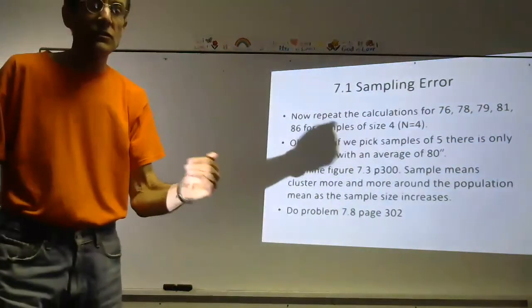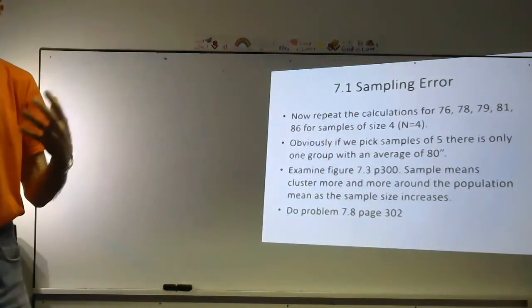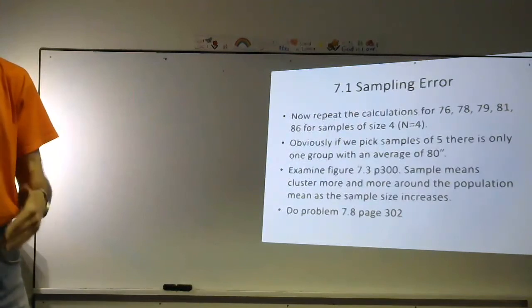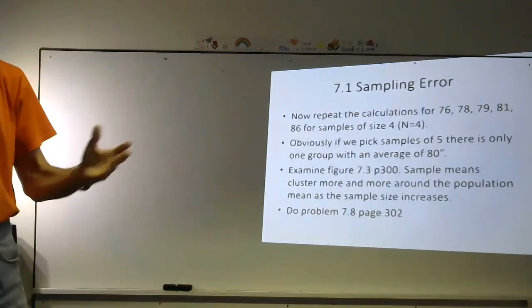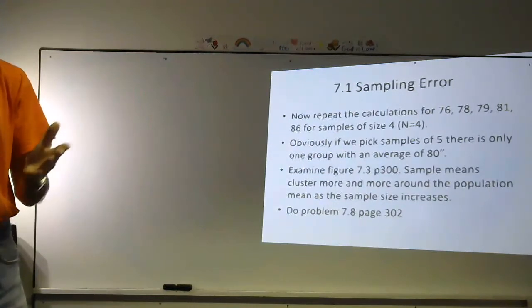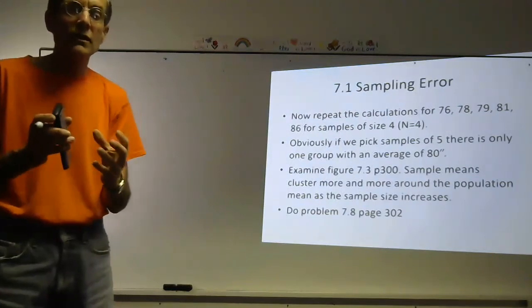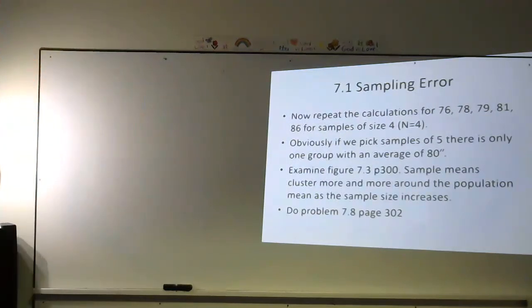It shows this is the same problem we were working on. It shows samples of size 1, 2, 3, 4, 5, right? Much, much clearer picture as to how it gets much more accurate as you increase the sample size and you're more closely clustered around the population mean.